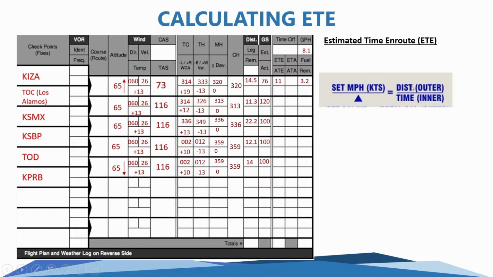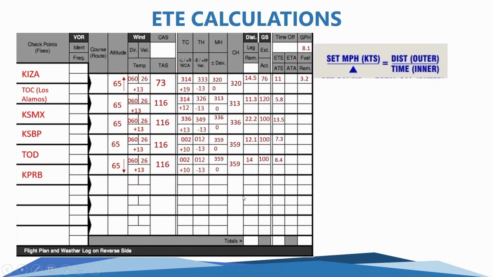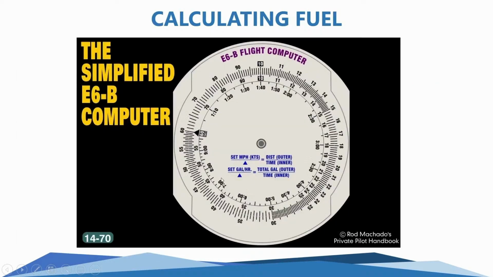Then you're going to have the distance on the outer and the time on the inner, right? The known values are the knots and the distance, and we're trying to solve for time. At that point, we'll go ahead and populate the rest of the sheet with those values that we have. And then the next and final step is going to be calculating your fuel burn, which is actually going to be the second step down here.